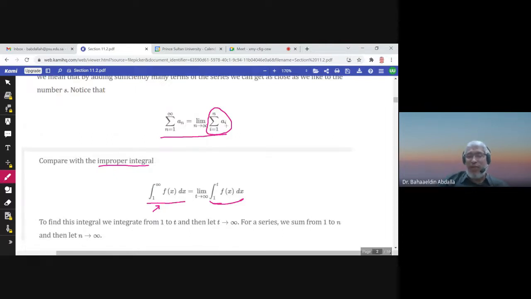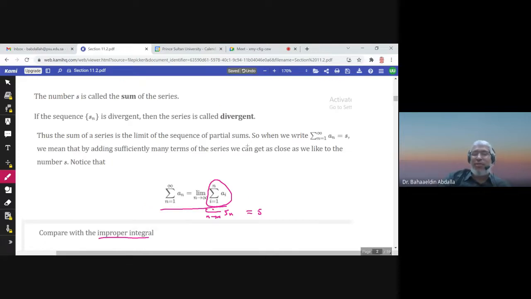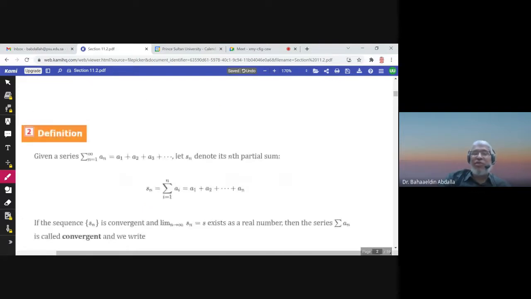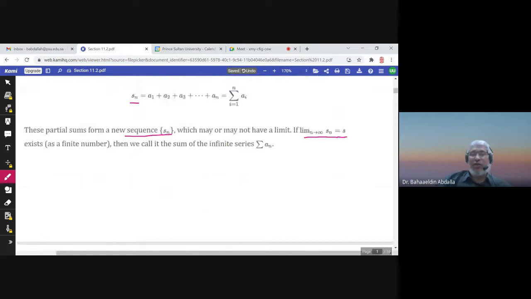So if you find that this partial sum, this is Sn by the way, has a limit, if the limit of Sn when n goes to infinity equals S, then the series equals S. Then the infinite sum equals S. Then the series converges, is convergent.